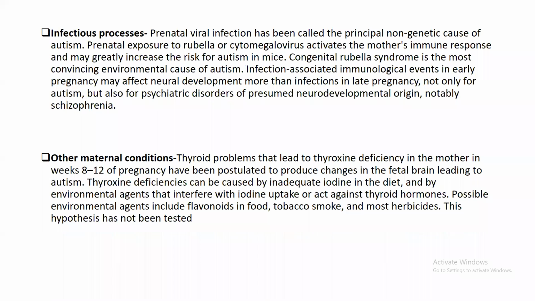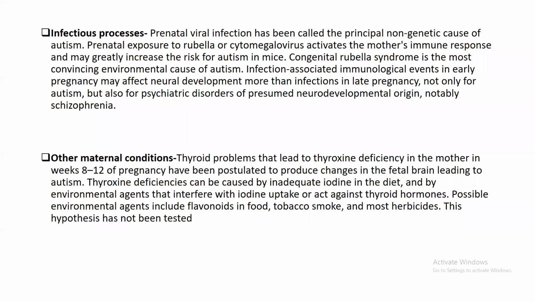Now, infectious processes. Prenatal viral infection has been called the principal non-genetic cause of autism. Prenatal exposure to rubella or cytomegalovirus activates the mother's immune response and may greatly increase the risk for autism in mice.